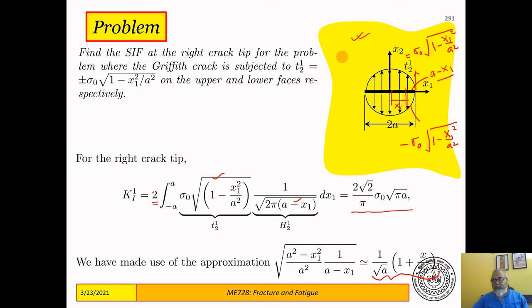So this is your load case 1. You have load case 2, which is your Buchner problem, and using the results of load case 2, you find the results of load case 1 for an arbitrary traction distribution like given here.